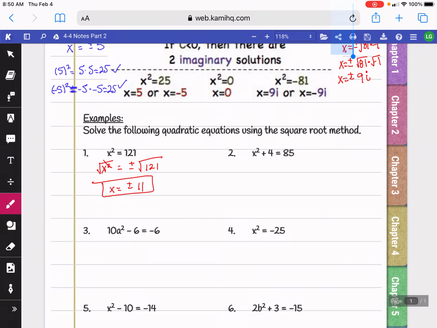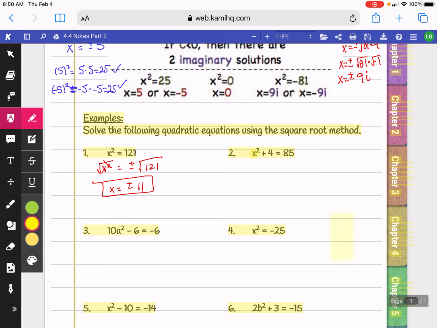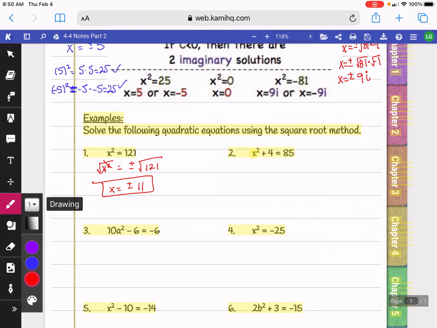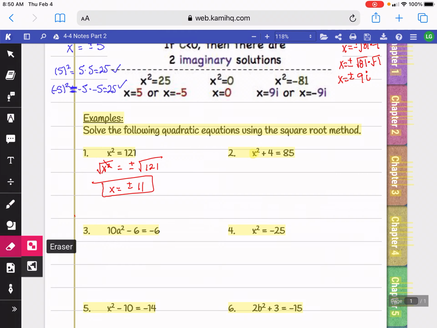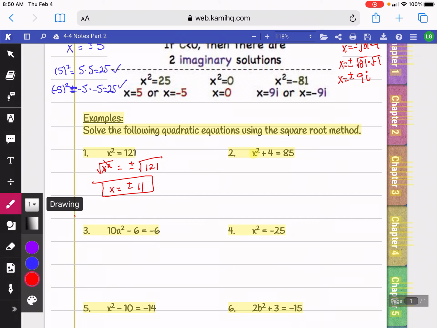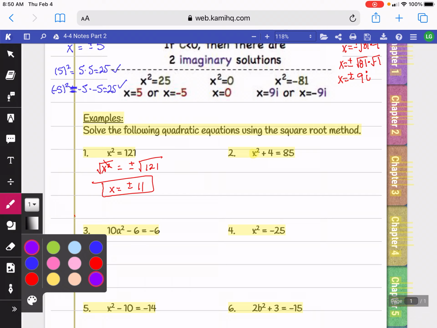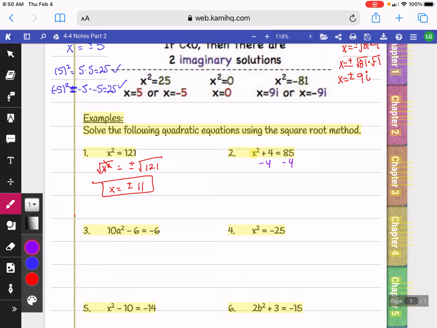Our next one, we need to get the x squared by itself. So here to get x squared by itself, I'm going to do minus 4 to both sides. And then I get x squared equals positive 81.